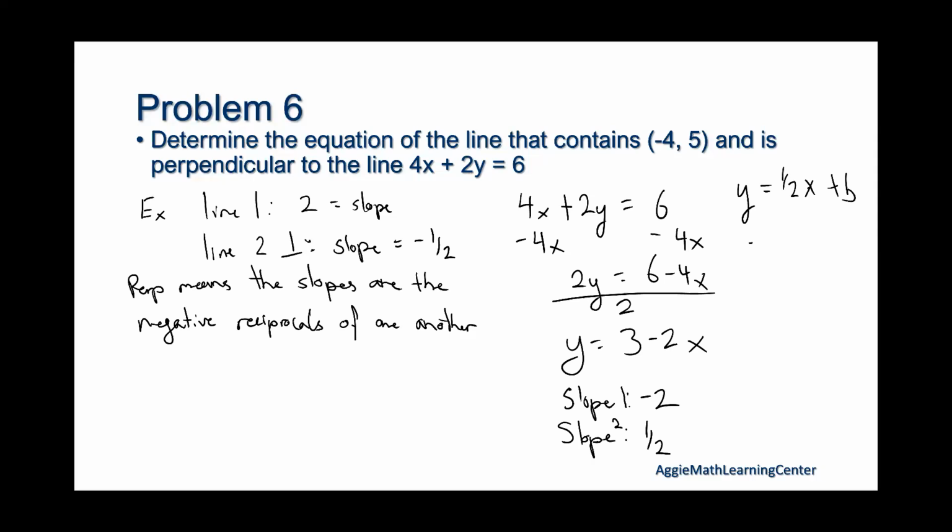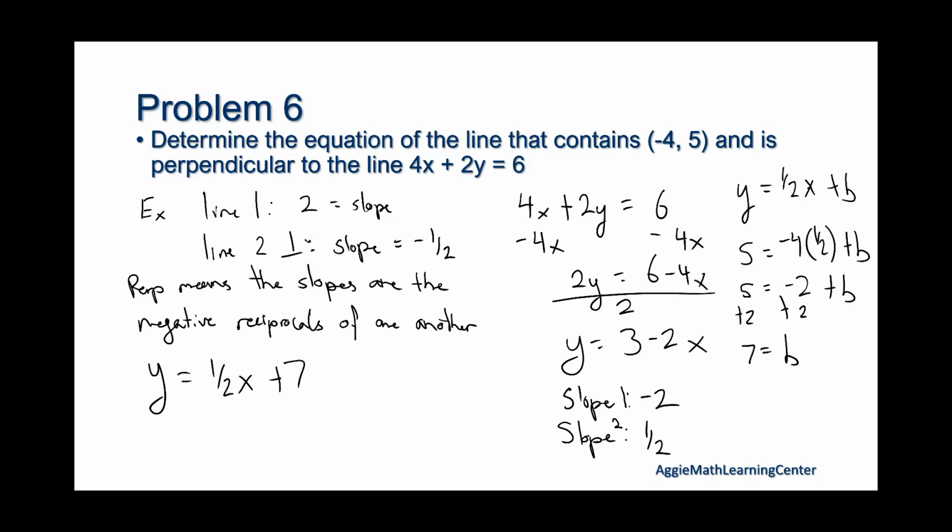So we'll plug in 5 for y, negative 4 for x, and we'll solve for b. So now we get 5 equals negative 2 plus b, add 2 to both sides, and b is equal to 7. We put it all together, so y equals 1/2 x plus 7.